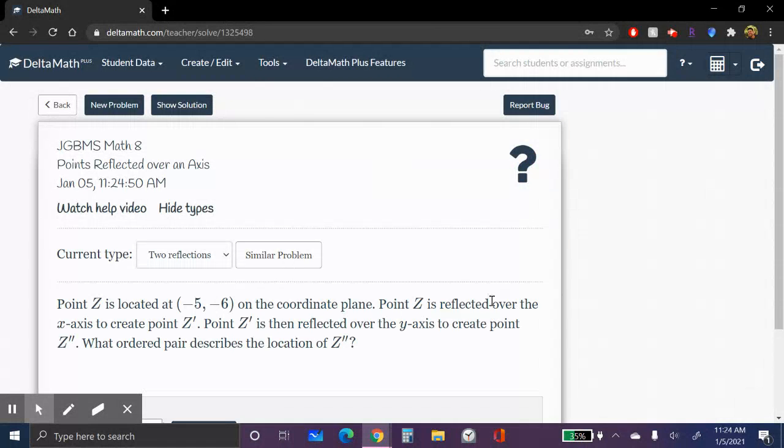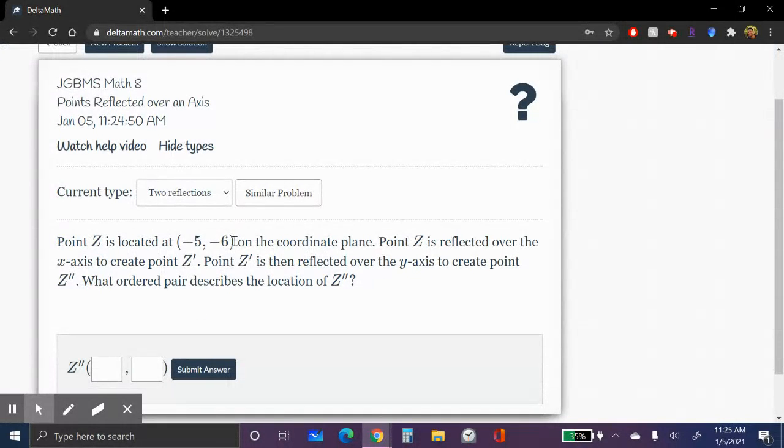-5, -6 is reflected over the x-axis to create the point z prime. So -5, -6, when you reflect over the x-axis, you change the y value. So it's -5, +6. And then what happens to it? Then point z is z prime. So this is z prime. This is not z double prime. Z prime is then reflected over the y-axis to create the point z double prime.